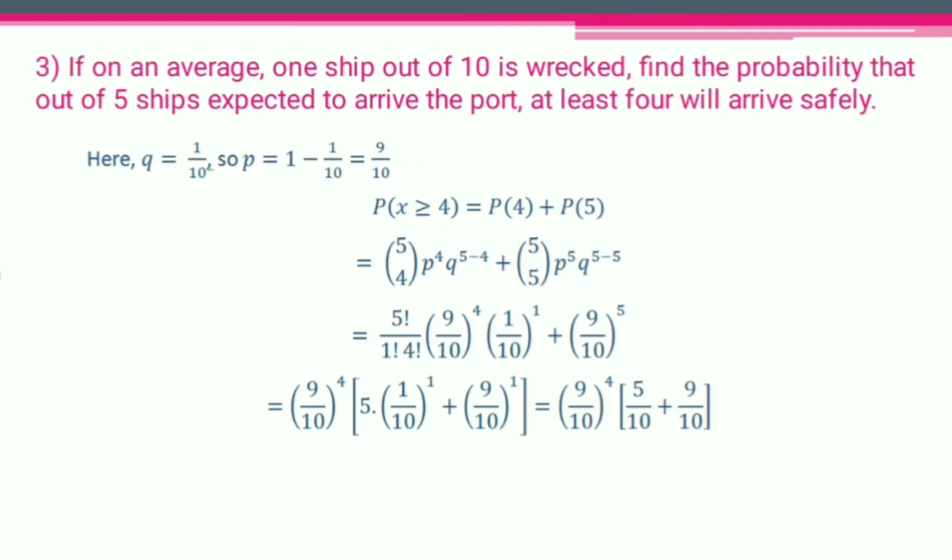Now this is 5 upon 10 plus 9 upon 10, which gives 14 upon 10. Calculating the whole value, we get the probability of x greater than or equal to 4 equal to 0.91854. So the probability that at least 4 will arrive safely is 0.91854.